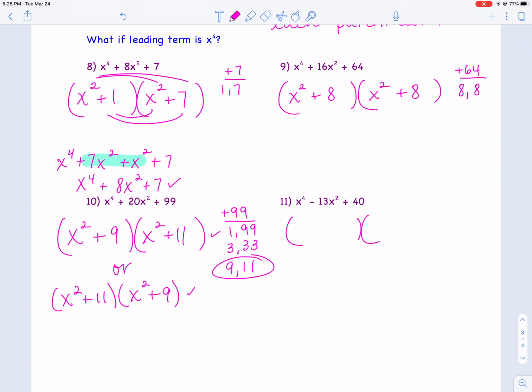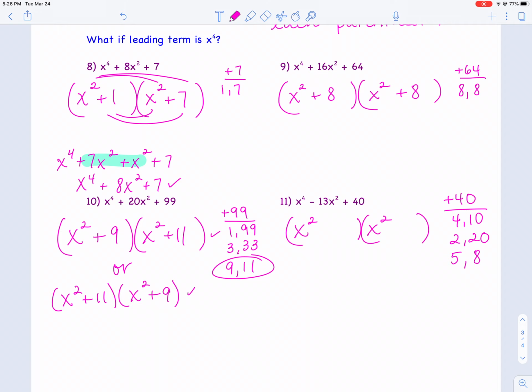Okay, one more and I'll let you guys go on your own. I'm going to once again open my 2 sets of parentheses. X squared's coming down in front. I'm pulling off 40, and I'm asking myself, what 2 numbers multiply to 40 that add to negative 13? So I'm immediately thinking, okay, 4 and 10, but they would add to 14. What else for 40? 2 and 20? Nope, they're not going to add to 13. How about 5 and 8?